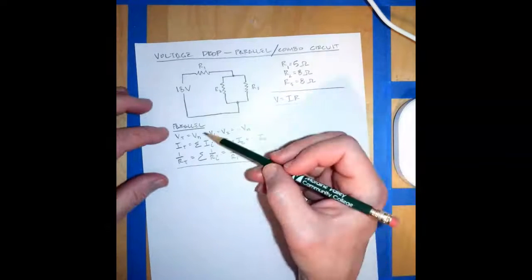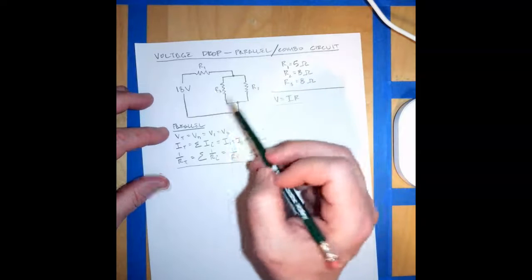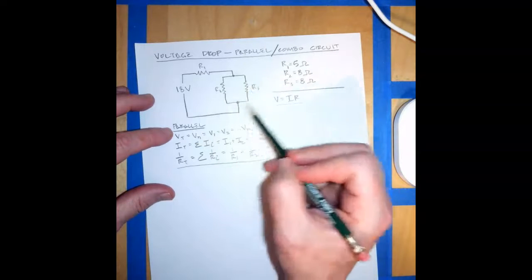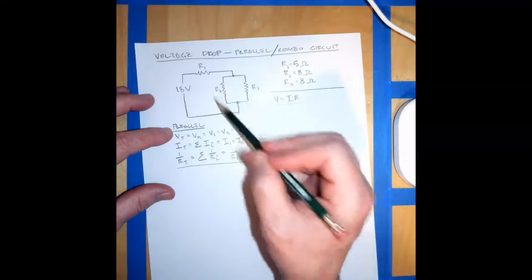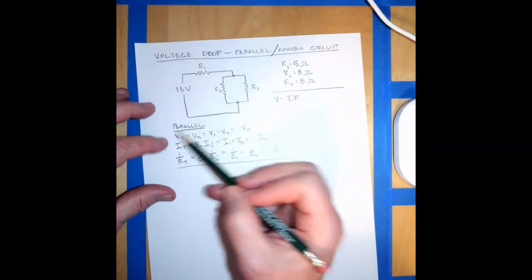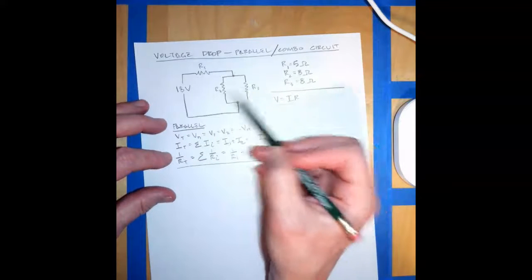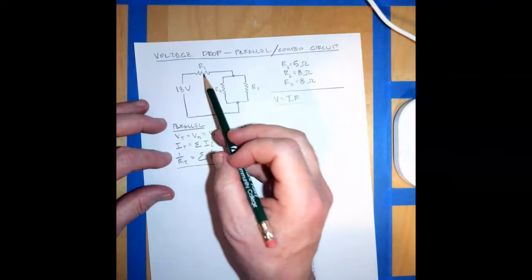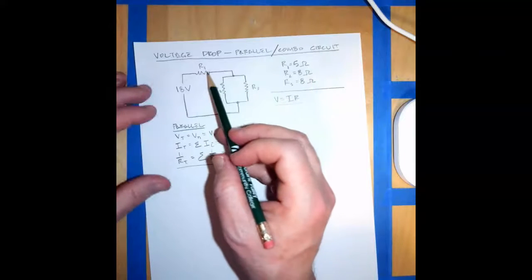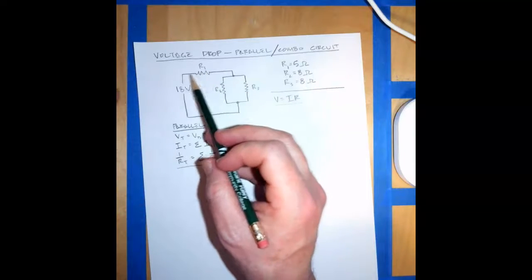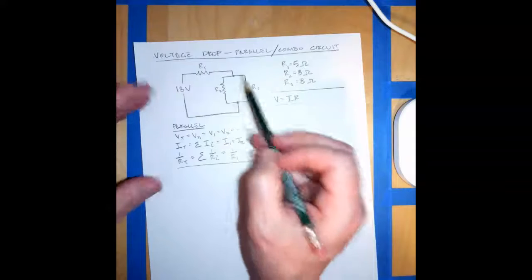It's important to understand that this is a combination circuit. So this is the parallel part right here. This is where the parallel resistors are, and this is where we're going to be using these equations to help us to simplify this. But we also have another resistor, resistor 1, which is going to end up being in series with this.